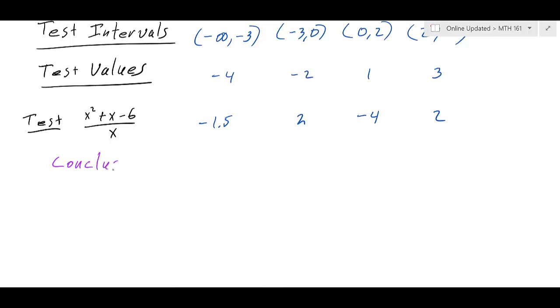So what's the conclusion? We end up with negative, positive, negative, positive.